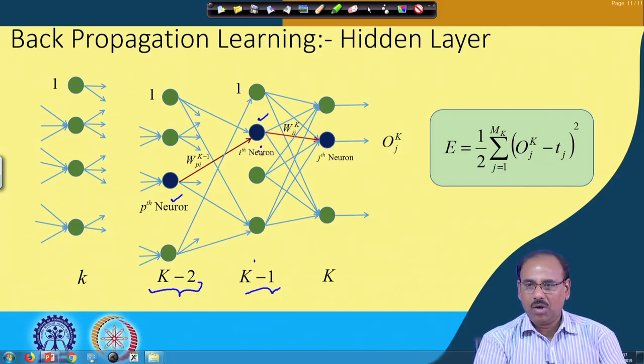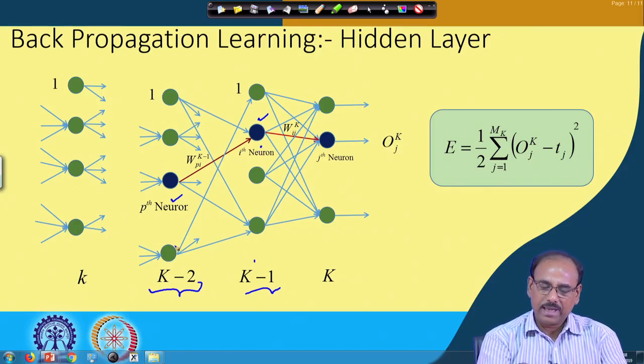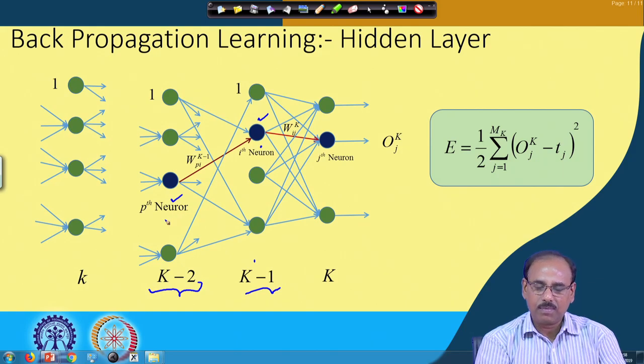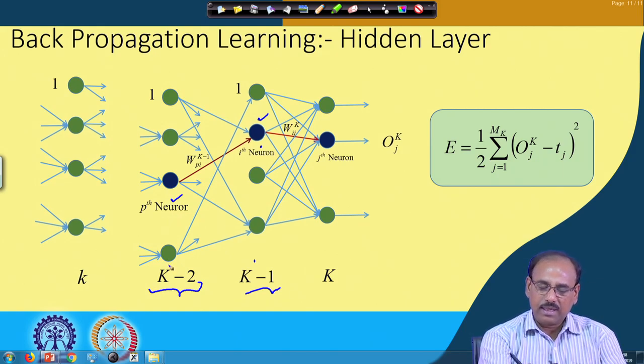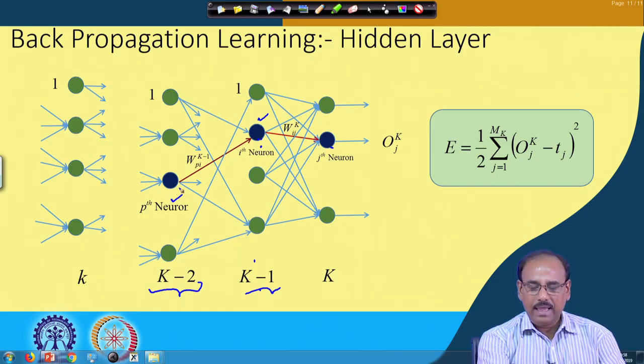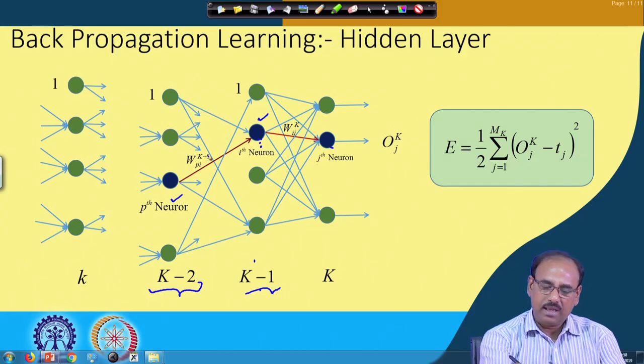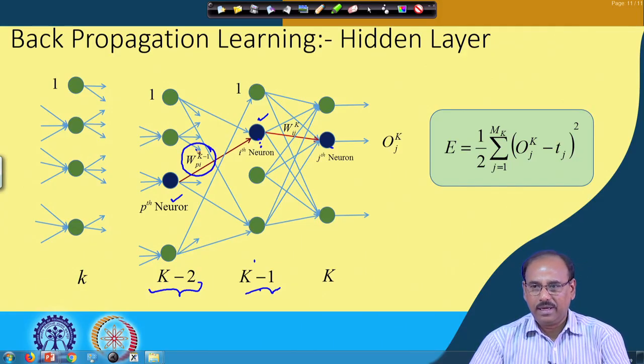Now, I am going one more layer before the (k-1)th layer. In the (k-2)th layer I have this pth neuron, and this pth neuron is connected to the ith neuron in the (k-1)th layer, and the ith neuron in the (k-1)th layer is connected to the jth neuron in the kth layer. I am also assuming that the pth neuron in the (k-2)th layer is connected to the ith neuron in the (k-1)th layer through a connection weight given by Wpi(k-1).